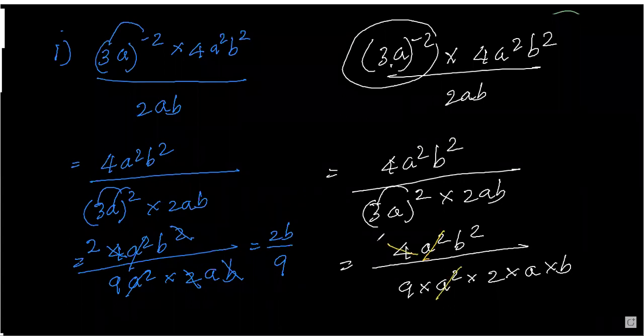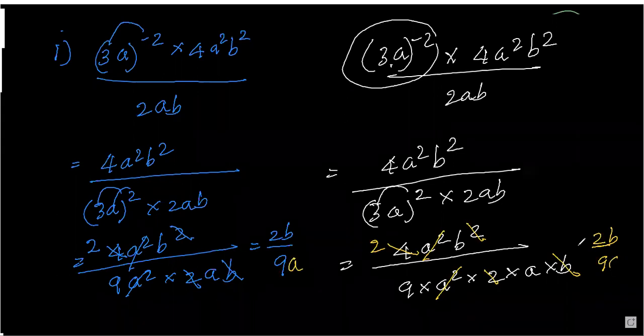How many 2's? 2. Here 1. And b squared, 1b, 1b, right? Then 2 over 9. a is remaining. 1b remaining and 1 9a also remaining. 9a. This is the answer.